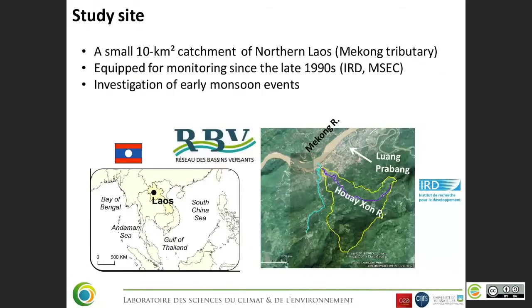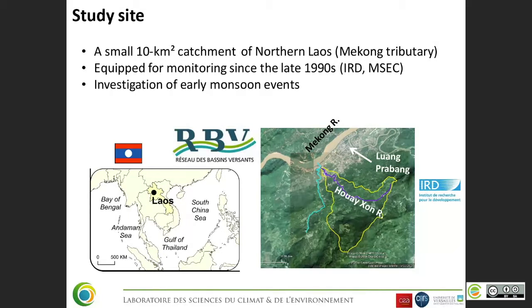We are in the northern part of Laos, nearby the city of Luang Prabang, along the Mekong River, and they were interested in the system draining into the Mekong River, including the Houay River, and then another small tributary here, which is called Houay Pano. They equipped this small catchment, about 10 square kilometers, but representative of the areas we find in the region.